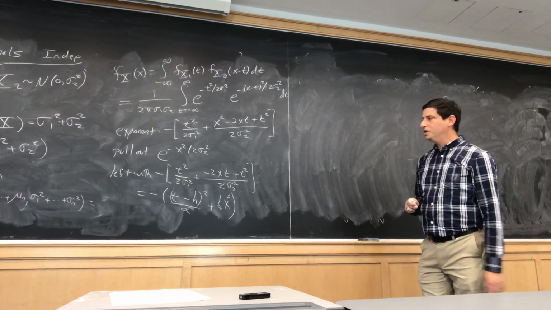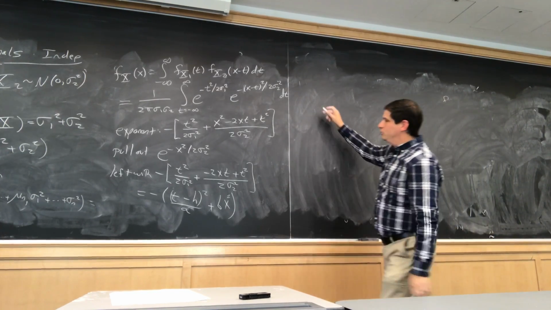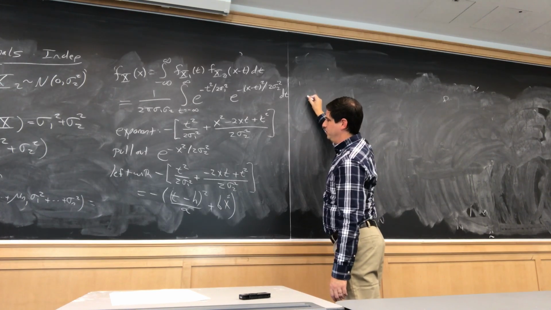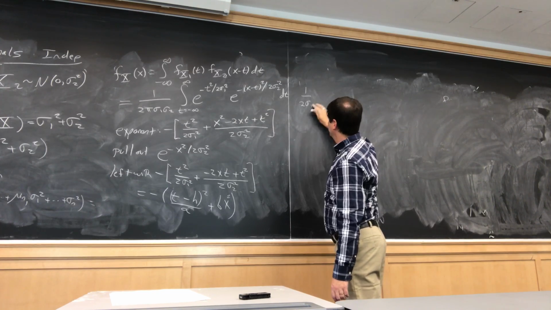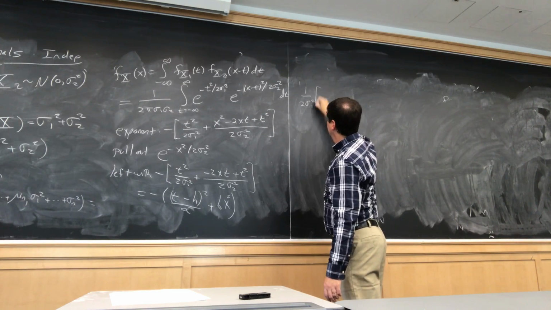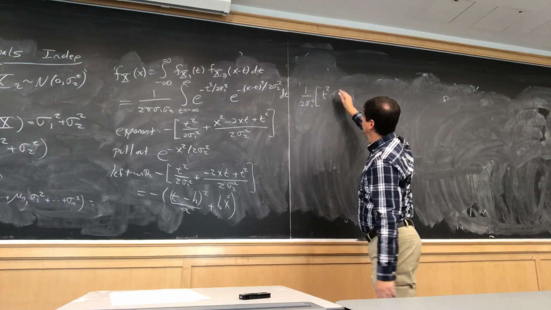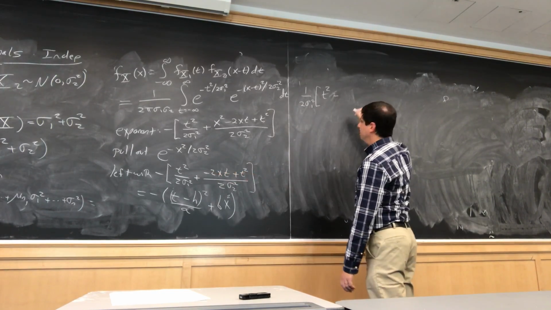So what I want to do is I want to complete the square. So how do I complete the square? So I've got, how do we want to do this? Let's say we have 1 over 2 sigma 1 squared. Then we'll have t squared plus, minus. And now here we have a minus 2.